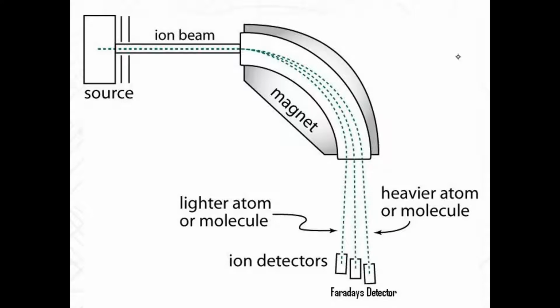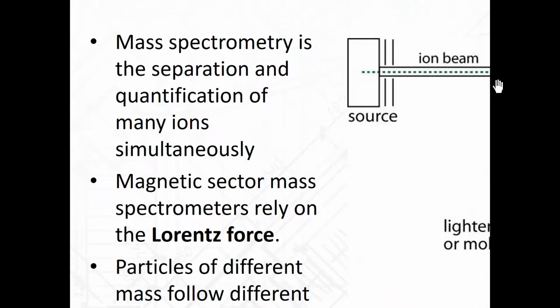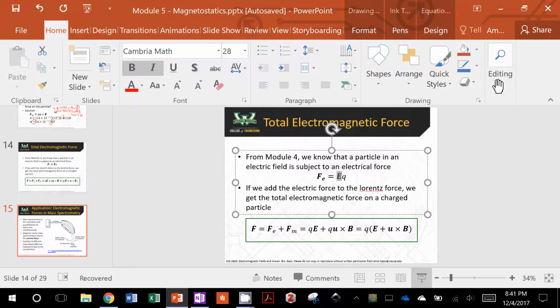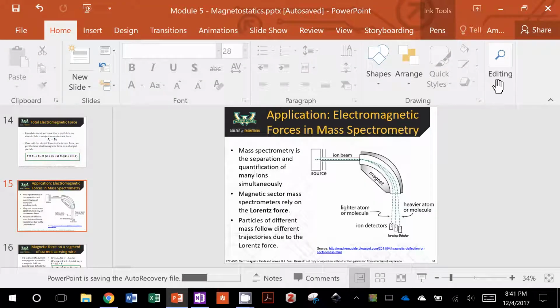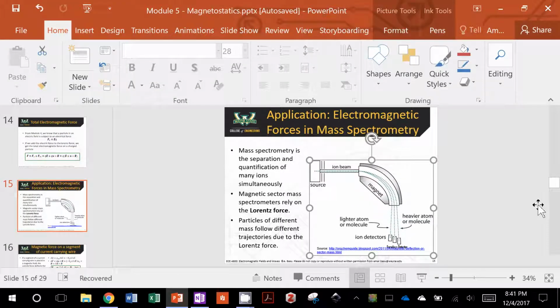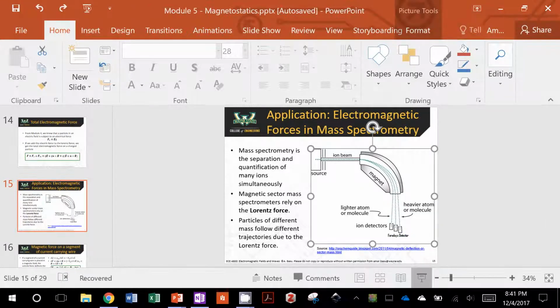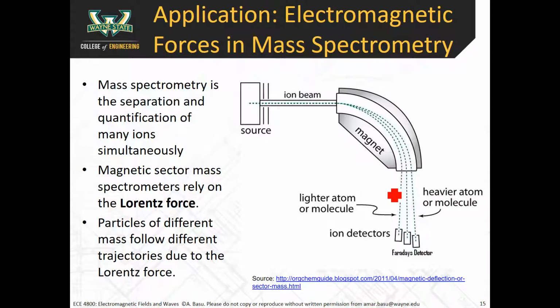Right. So the way that we would denote a magnetic field coming out of the page is like this. You draw a circle like this, and then you draw a small dot in the middle here. That means it's coming out of the page.